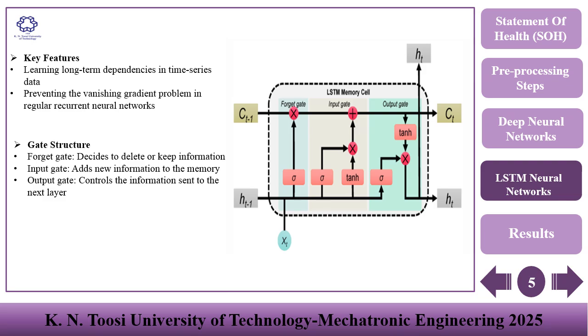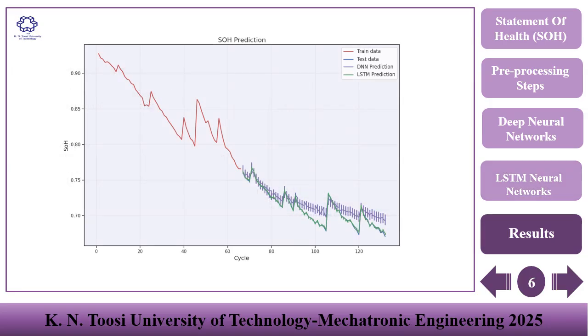This ability to contextually manage memory over long sequences is precisely why we choose LSTM networks to model the complex, time-based degradation of lithium-ion batteries. It allows us to not just see data points, but to understand the stories they tell over time.